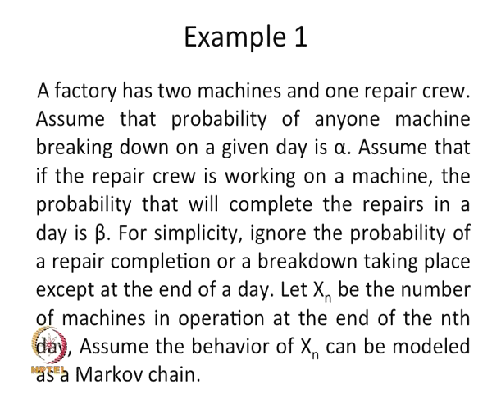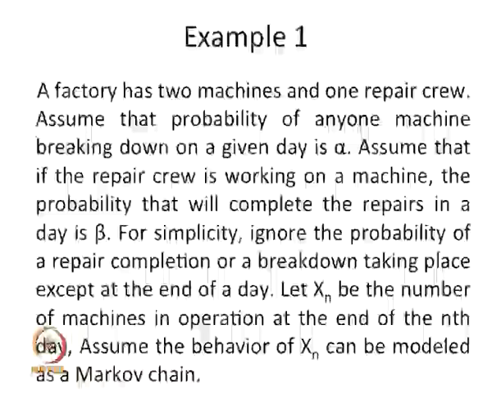A factory has two machines and one repair crew. Assume that the probability of any one machine breaking down on a given day is alpha. Assume that if the repair crew is working on a machine, the probability that they will complete the repairs in one more day is beta.